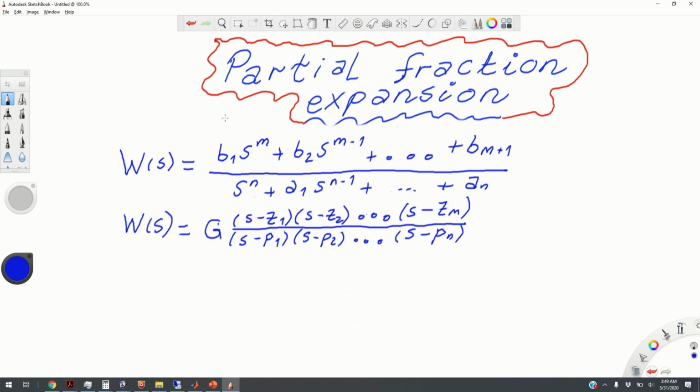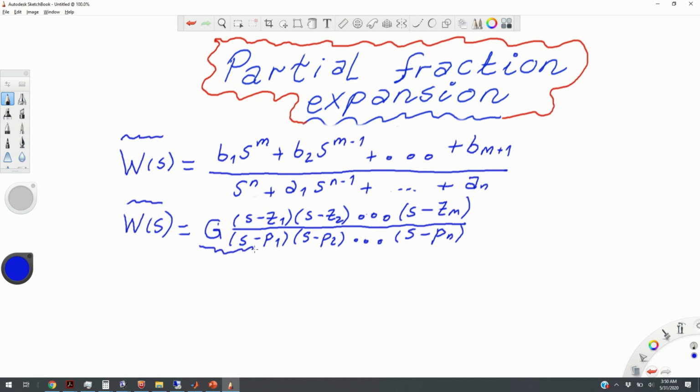So your W(s) function in the general form can be represented as a fraction of two polynomials, the numerator and the denominator. Now, under some mild assumptions, we can represent this rational function as follows.